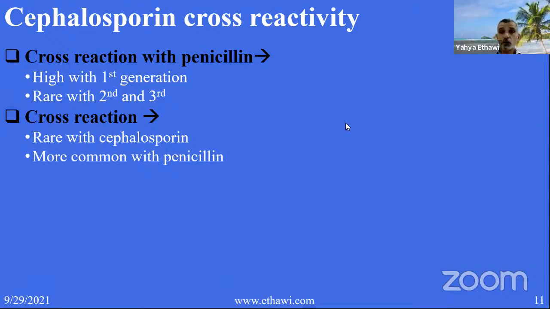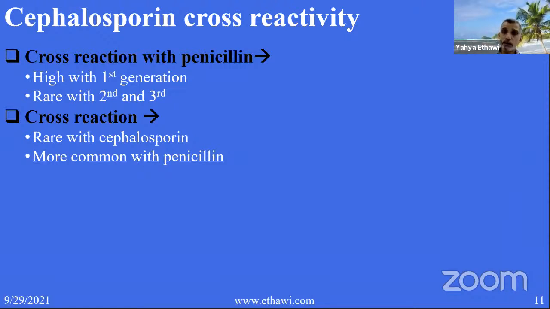Cephalosporin cross-reactivity. The cross-reactivity with penicillin: the more you go to the lower generation, the more cross-reactivity with penicillin. So it's very common with cefazolin and cephalexin, but it's less common once you go up in the generation.